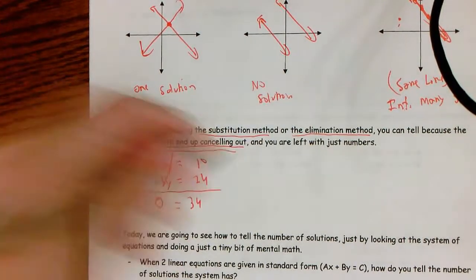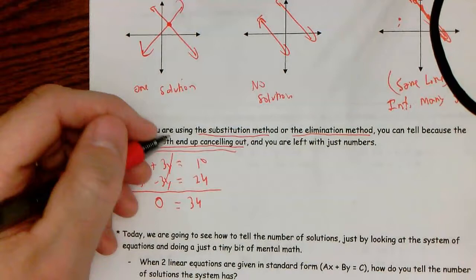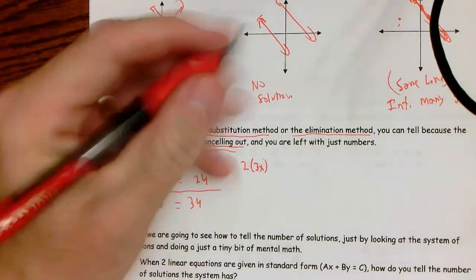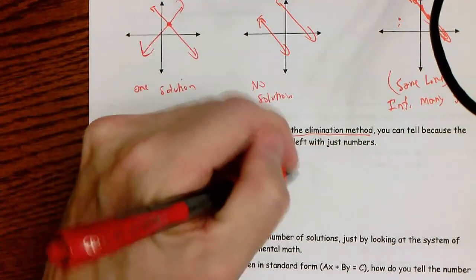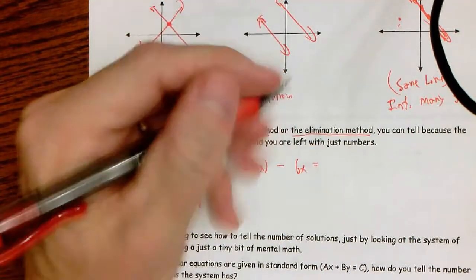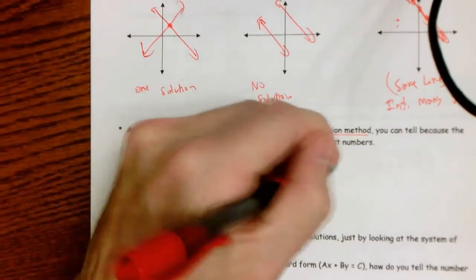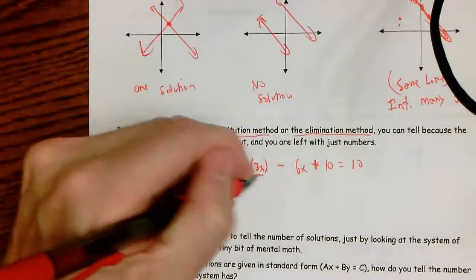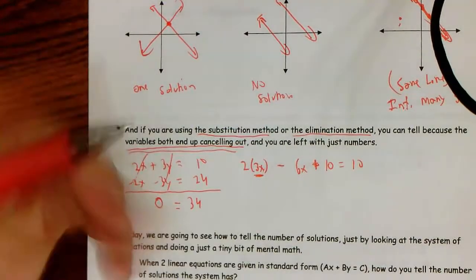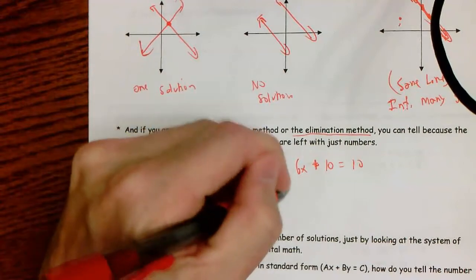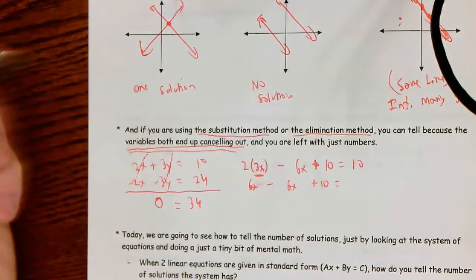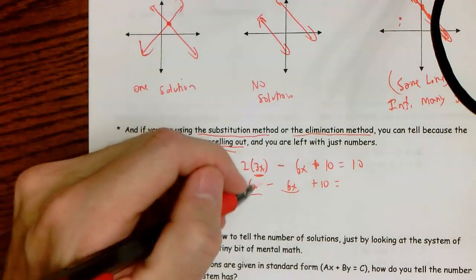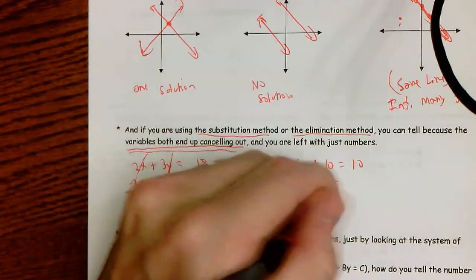Or maybe you're doing the substitution method, and when you substitute, you get something like 2 times 3x minus 6x plus 10 equals 10. So you've done the substitution, and now you go to solve it, and you get 6x minus 6x plus 10, and you say, oh, it cancels out of the problem, and I'm left with 10 equals 10.